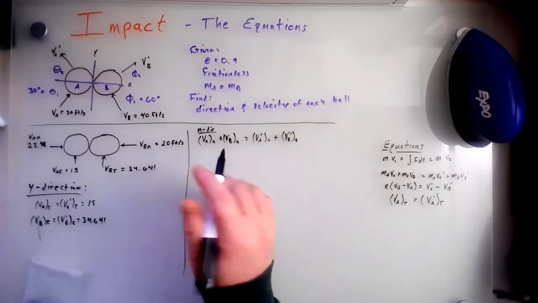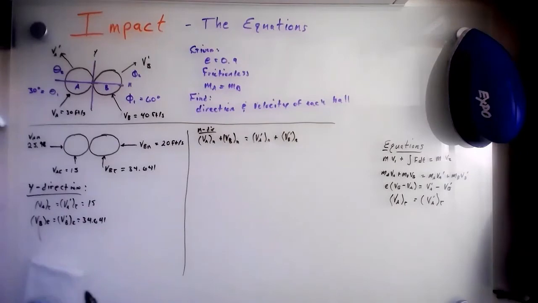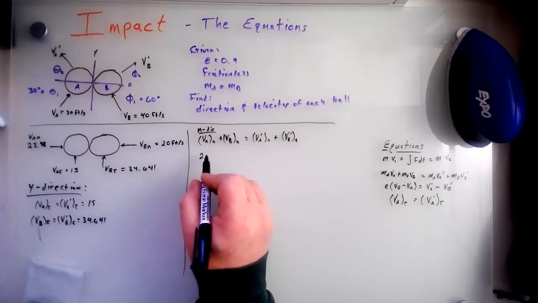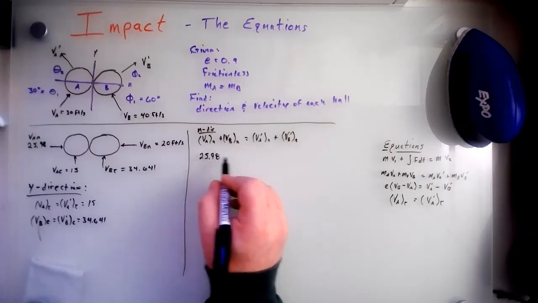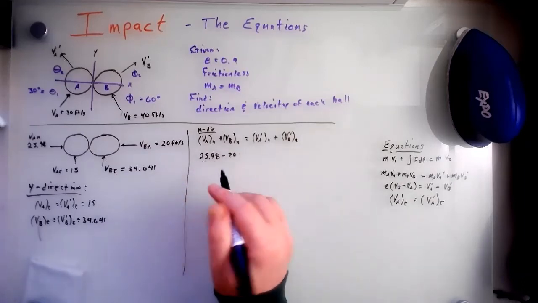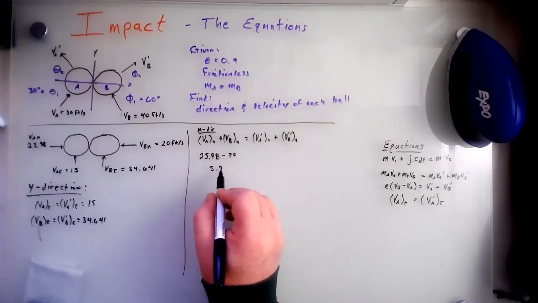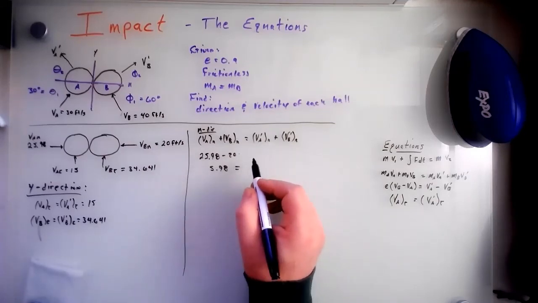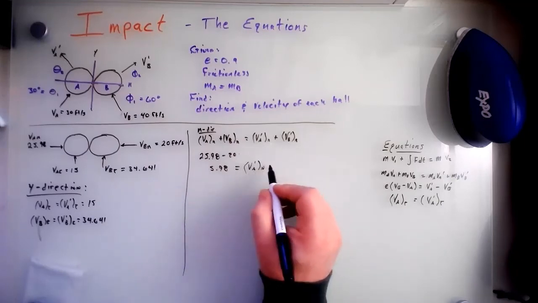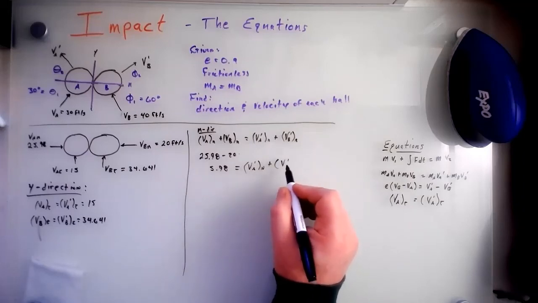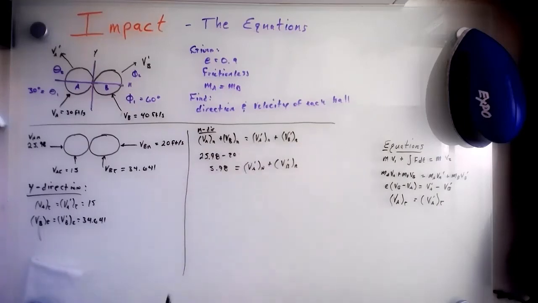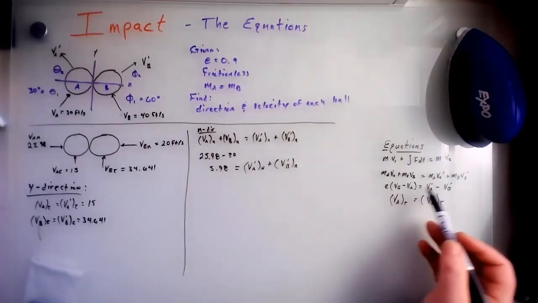Right, so we're going to add these up. We need a positive direction that's to the right, so this is 25.98 minus 20 equals this. So 5.98 equals VA prime n plus VB prime n. Okay, that's one relation. We have two unknowns, so we'll need two equations, and we have this one.